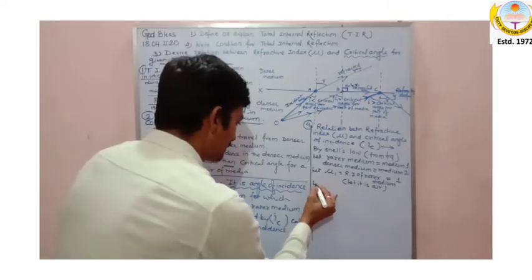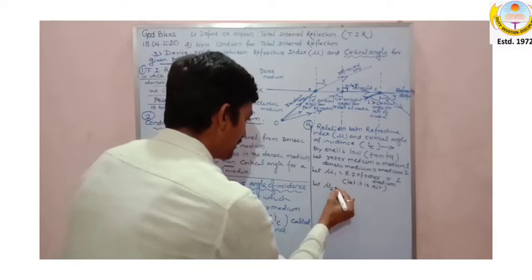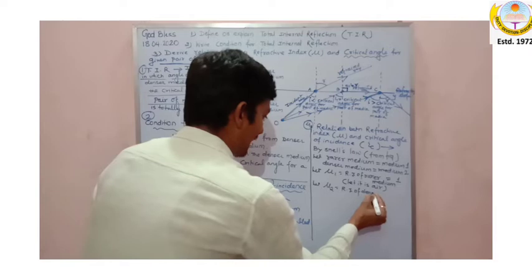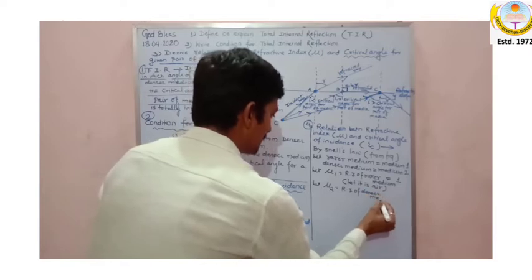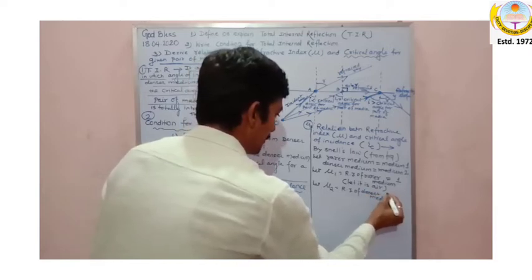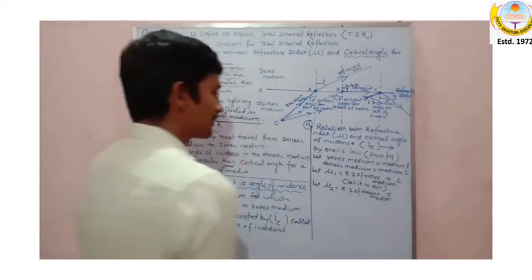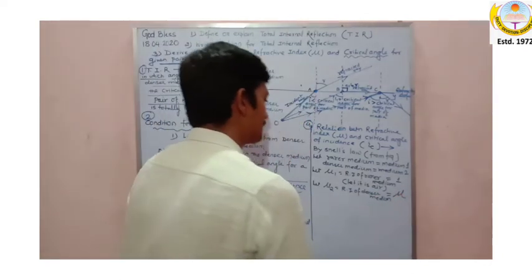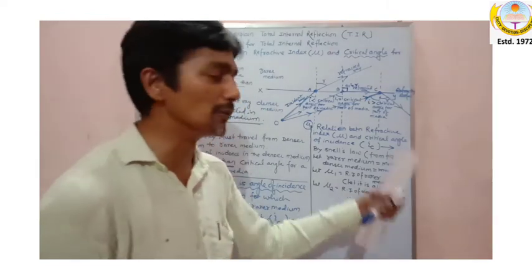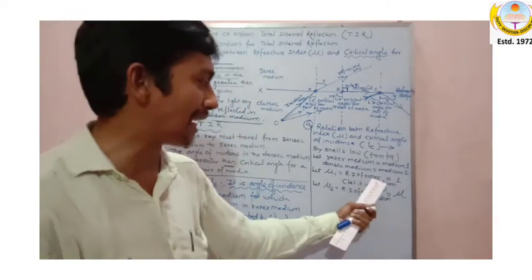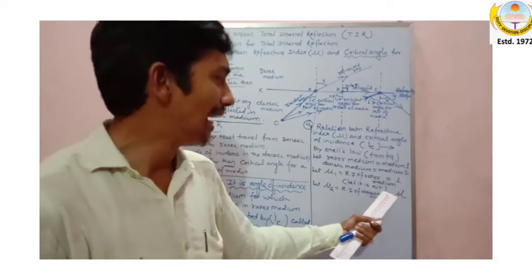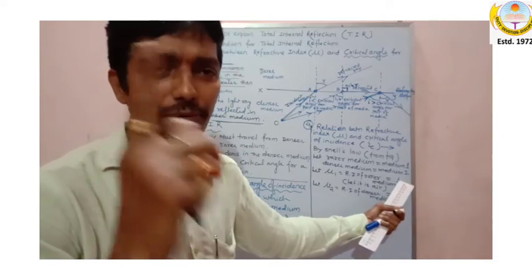And let mu 2 be the RI of denser medium, which is taken as mu. So RI of rarer medium, I assume the rarer medium as air, for example, so RI will of course be 1.